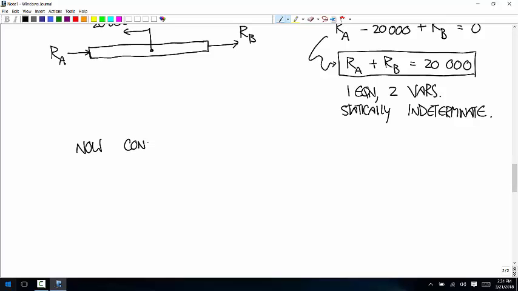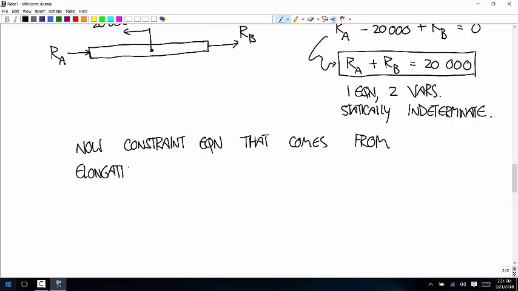So now we're going to use a constraint equation. That comes from the elongation or contraction.